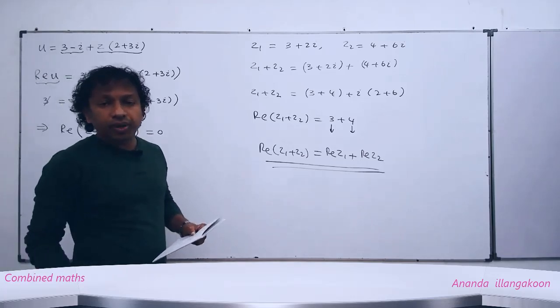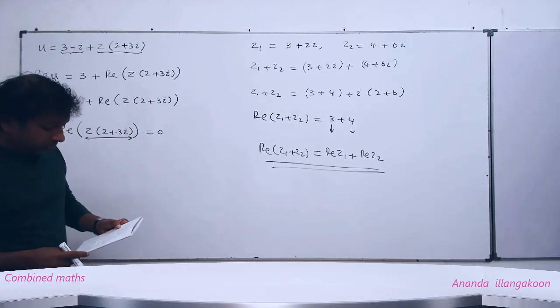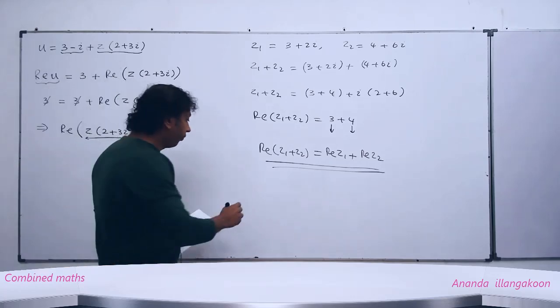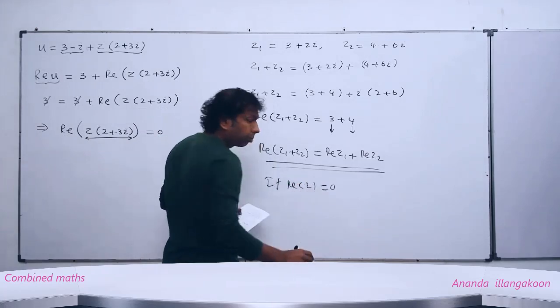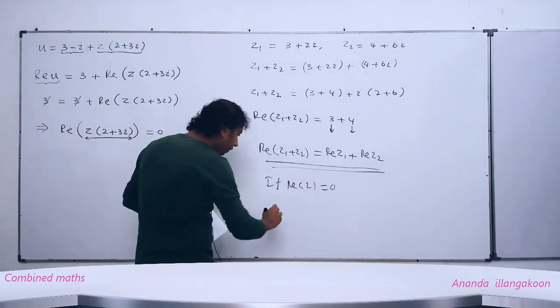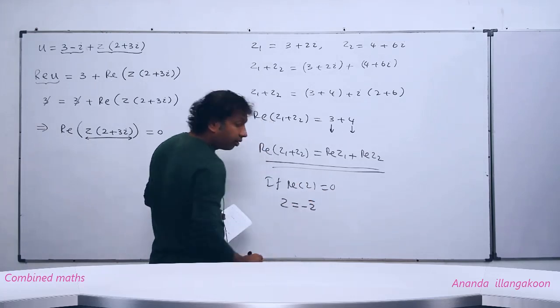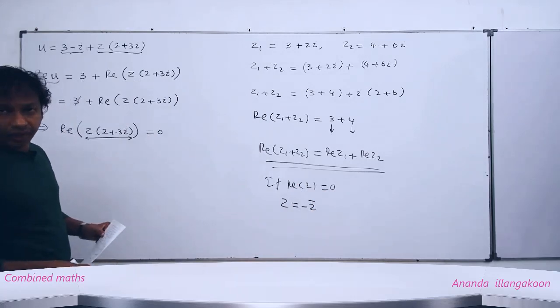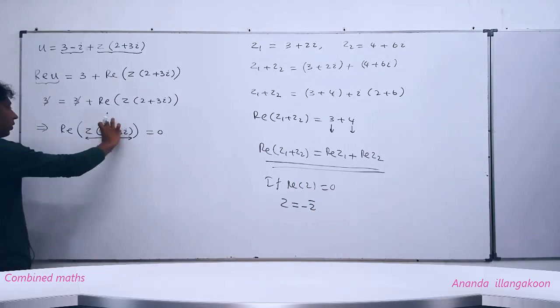People, we proved in the theory case, if the real part of a complex number is 0, can you remember we proved Z and minus Z bar become equal. Understand? We proved that. So therefore, this is the complex number.